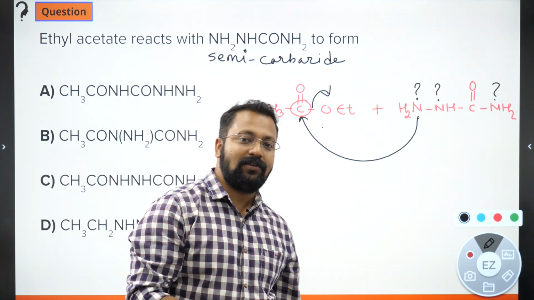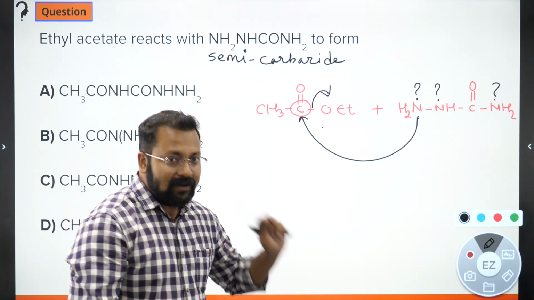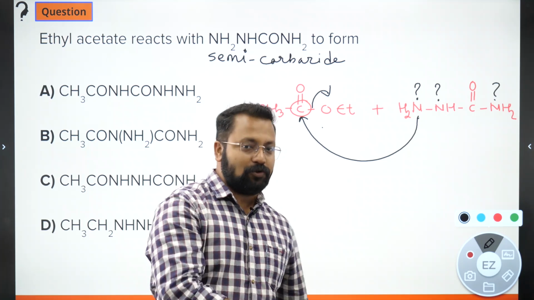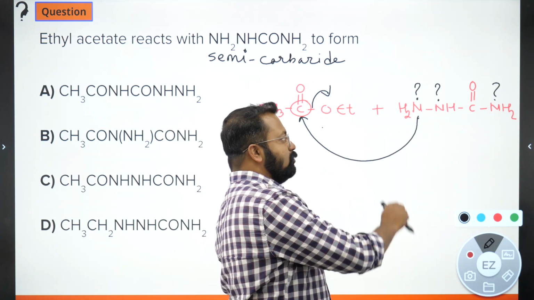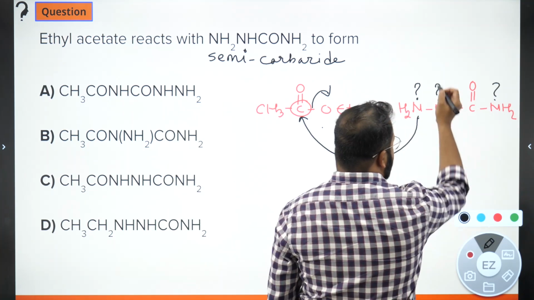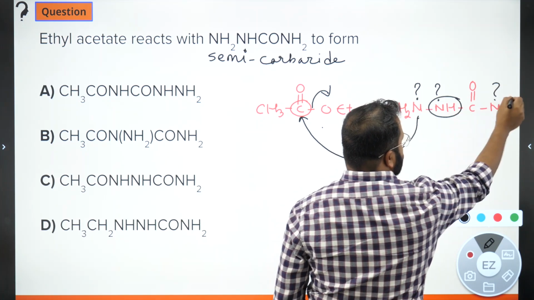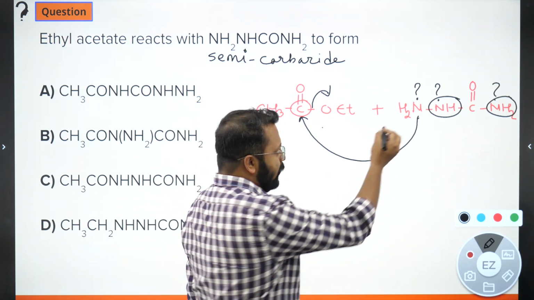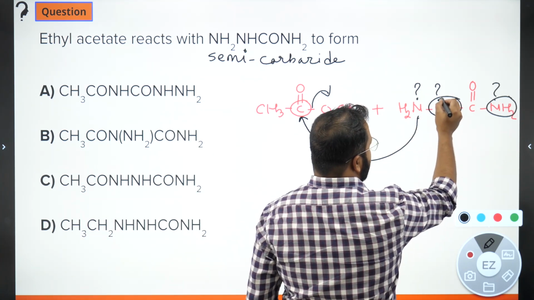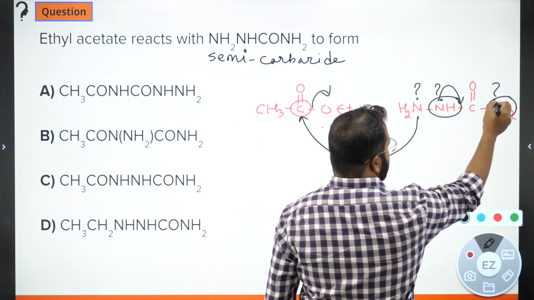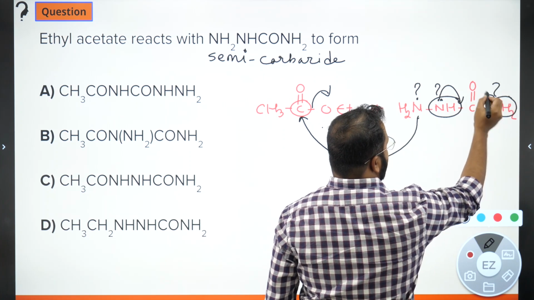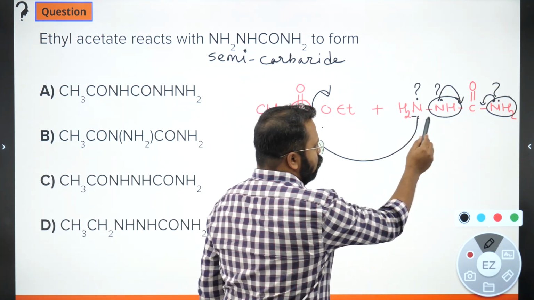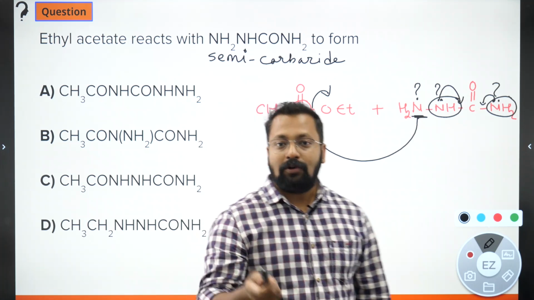So how do we identify which is more nucleophilic? The one in which the lone pair primarily resides on nitrogen. If I look at this one and this one, in both of these cases, the lone pair on nitrogen is in conjugation with C double bond O, while the lone pair on this nitrogen is not in conjugation.